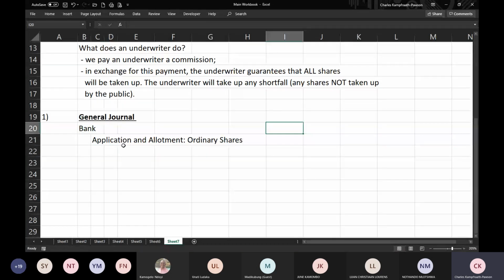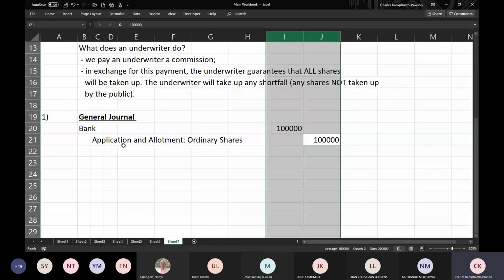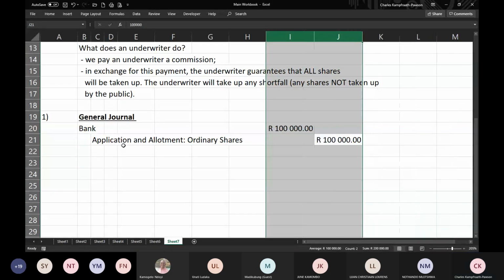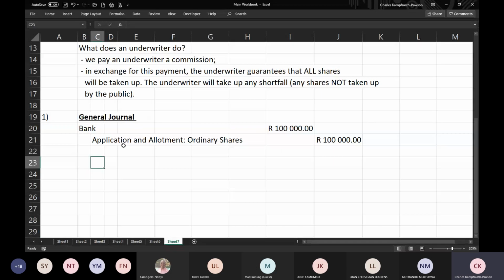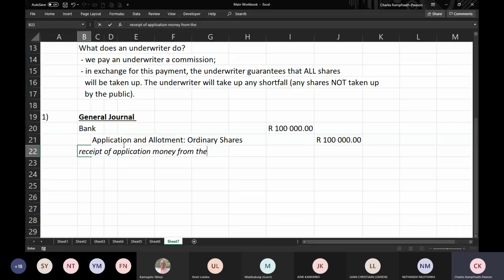Ordinary shares, 100,000. Everybody happy? So this is the receipt of application money from the public.